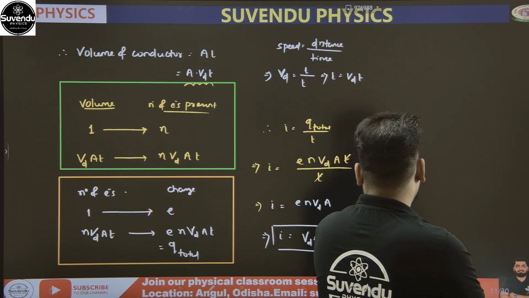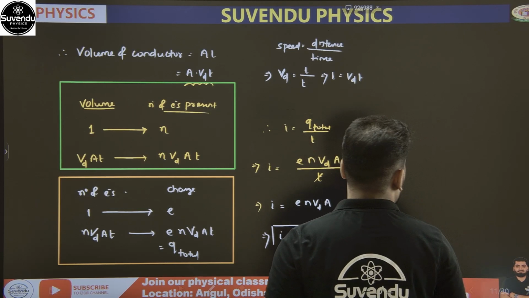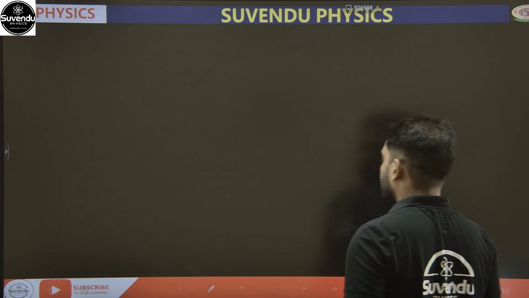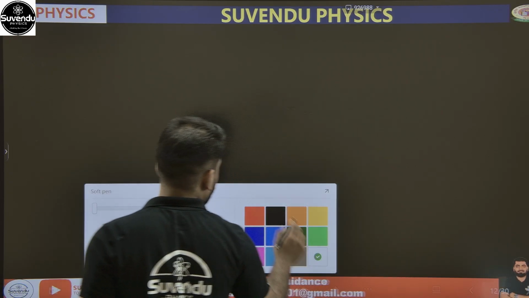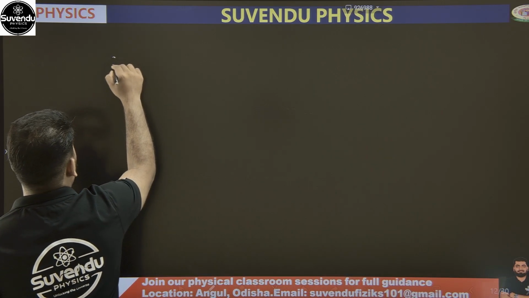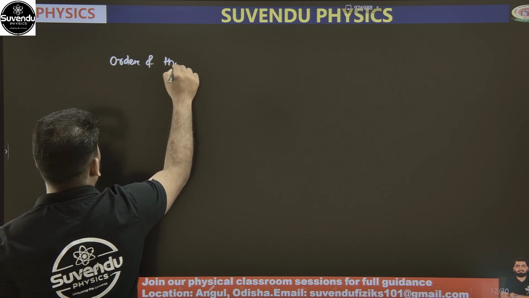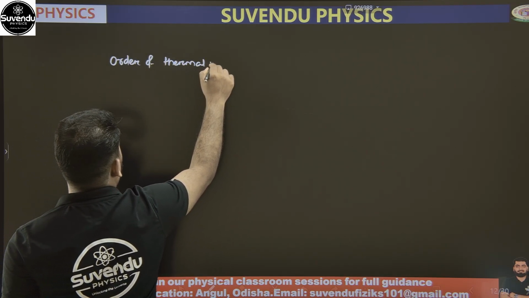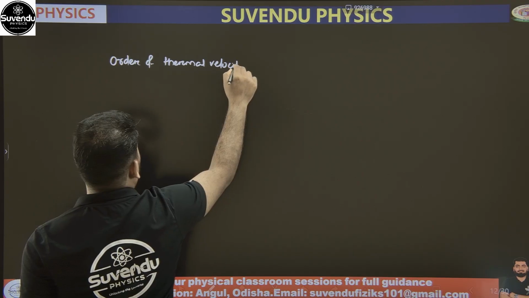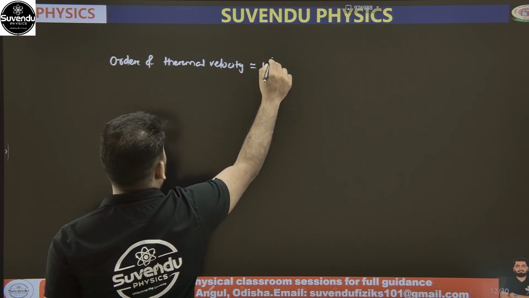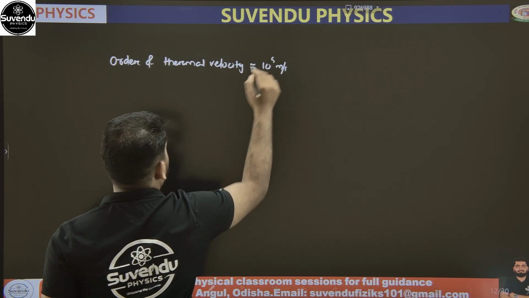What is the thermal velocity? We came to know. So remember here: the order of thermal velocity is nearly equal to 10 to the power 5 meter per second.